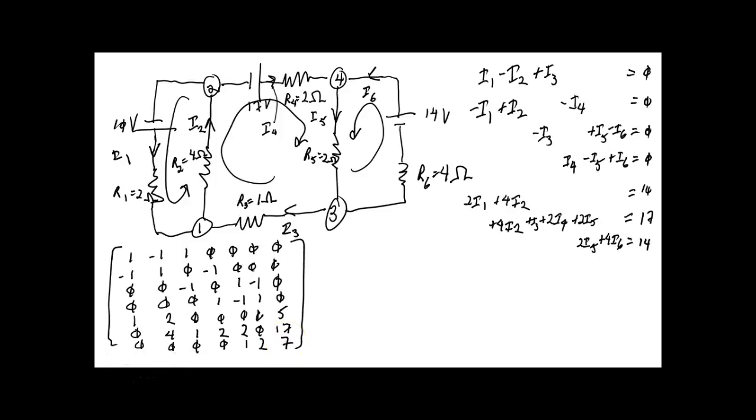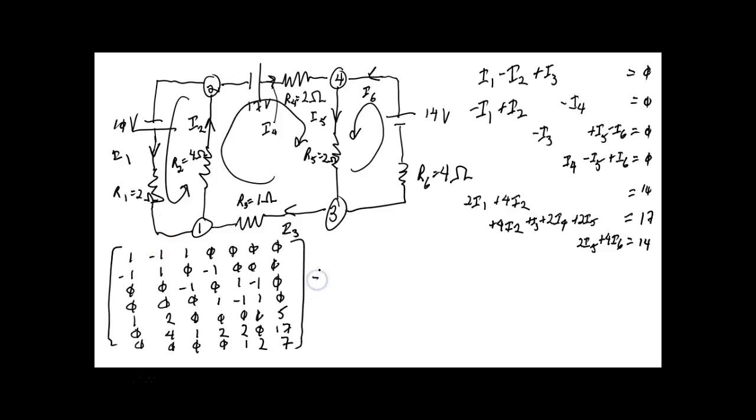Okay, what's the first thing we want to happen? One in the upper left, cha-ching, we got it. What do we want to happen next? Zeros below it. How do we make a zero happen here? Add row 1 and 2. So row 1 plus row 2.